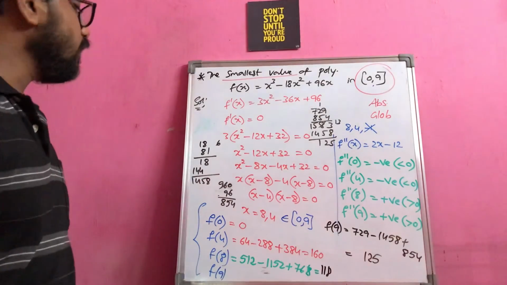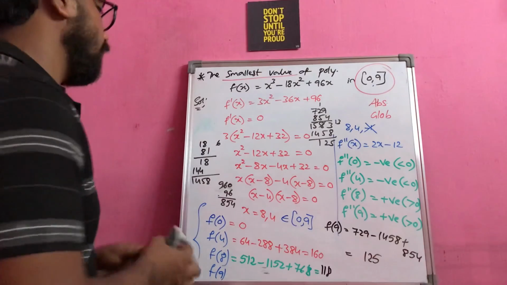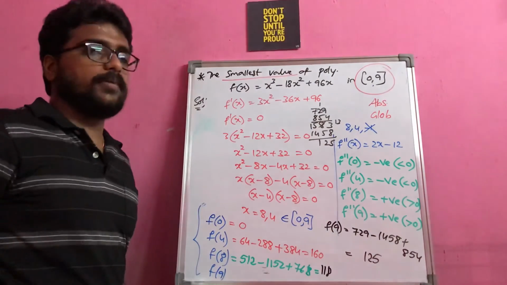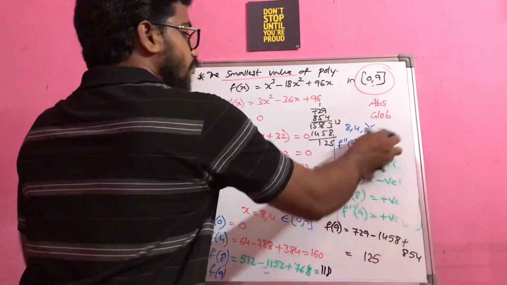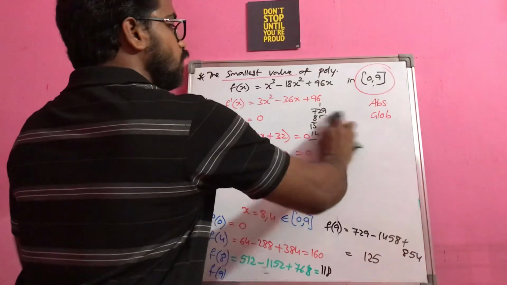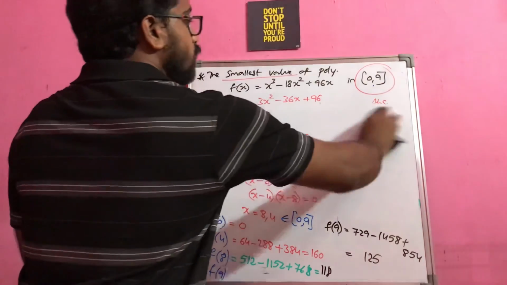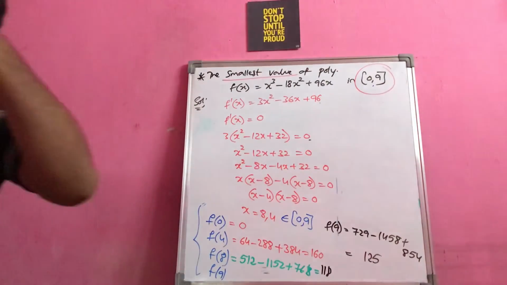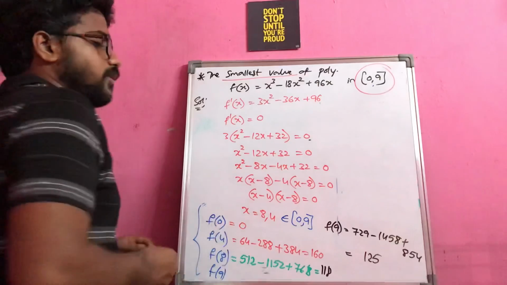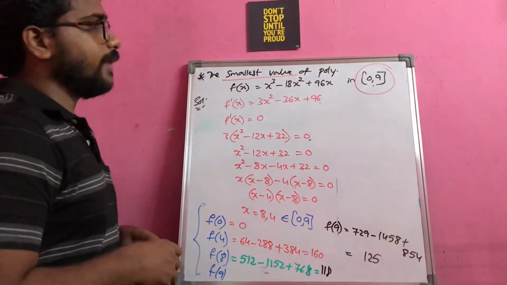In this particular case, because we are finding the absolute maxima or minima, you need not go for the second order differentiation, which does not give the correct answer all the time. So whenever the question involves intervals, better don't go for the second order differentiation. Straight away you can substitute in the function, so that you will get the required answer.